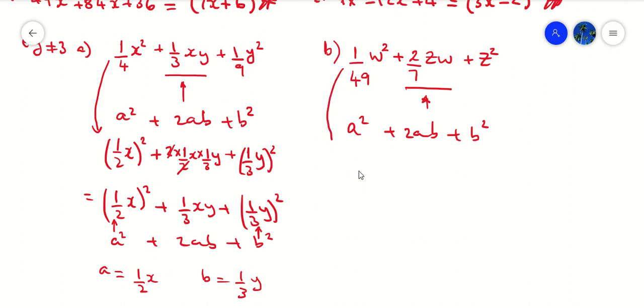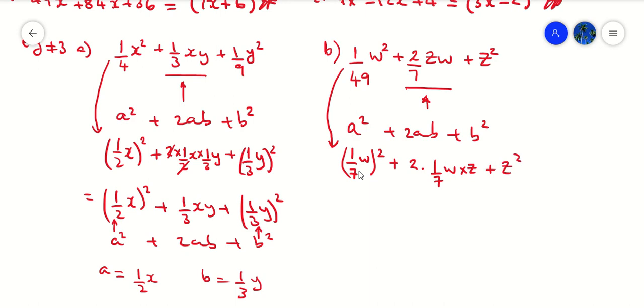I'm just going to rewrite this into this form, where 1 over 49 can be rewritten as (1 over 7 w) whole square, plus, I just leave the middle part as it is at the moment, 2 times 1 over 7 w times z, plus b square is z square as it is.